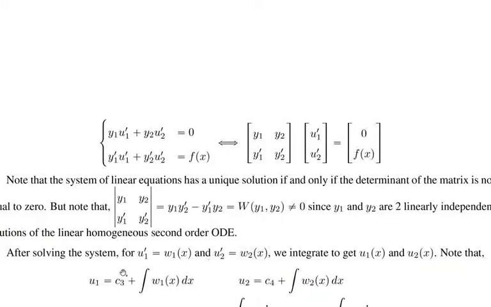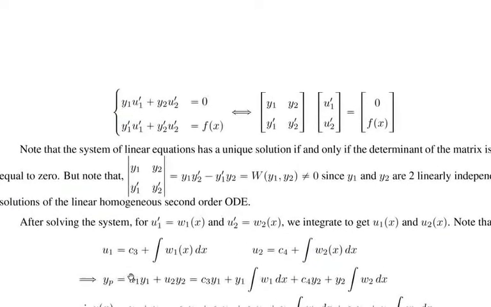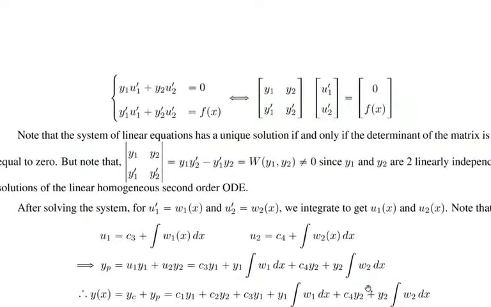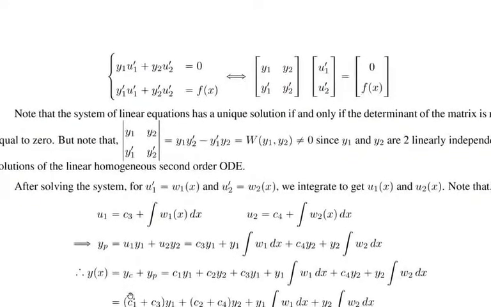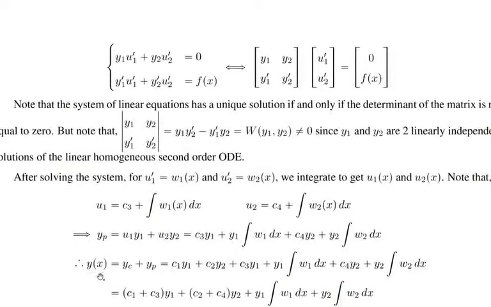Why will this not affect the general solution? Because I'm going to assume that I'm going to keep those two constants. Recall that yp is u1 times y1 plus u2 times y2. So I'm going to get this. It's equal to c3y1 plus c4y2 plus those two terms. So if then I deduce what y of x, the general solution is, which is the sum of the complementary solution plus the particular solution.